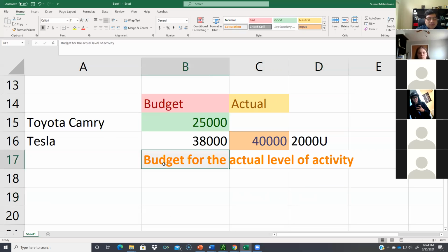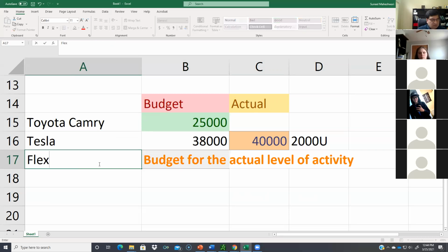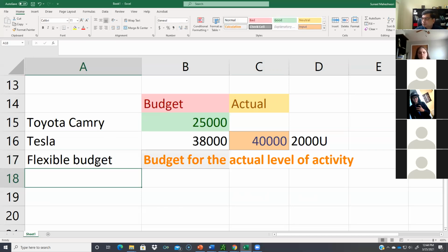When you find the budget for the actual level of activity, it is referred to as the flexible budget. This is not a perfect example. I'll give you one or two more examples, but this is just to drive the point home. Once you understand this concept, everything will become very simple.